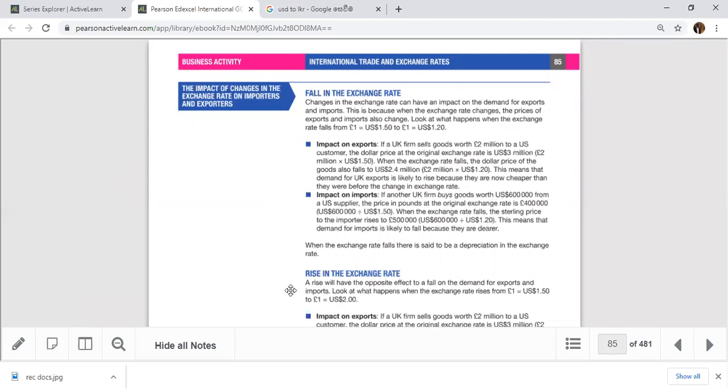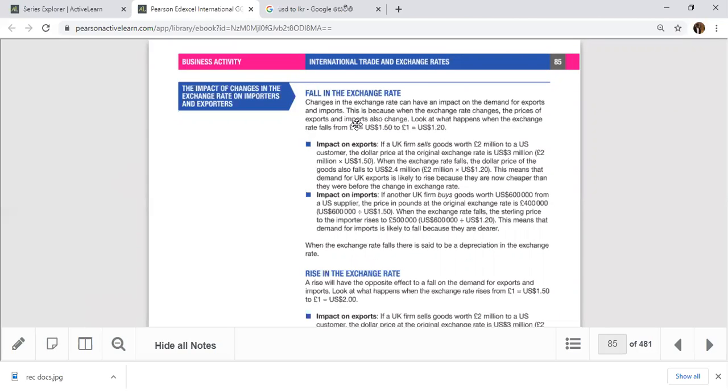Some of you doing economics must have knowledge about this. When a country's currency value goes down, meaning you have to pay more to buy a foreign currency, we call that a fall in the value of the exchange rate, or the value depreciates.